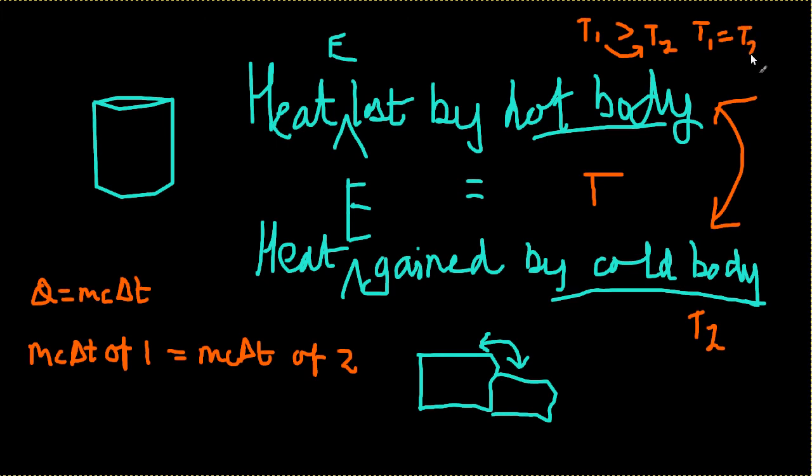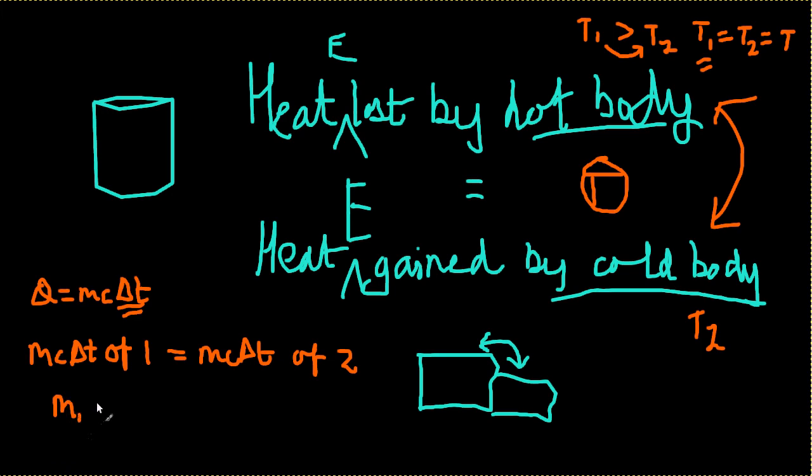So if you look at it, the delta T for the hotter body is going to be, we can write it as M1 C1 (T1 minus T), because T1 is definitely greater than T, and this is equal to M2 C2, and we write the opposite now, (T minus T2).